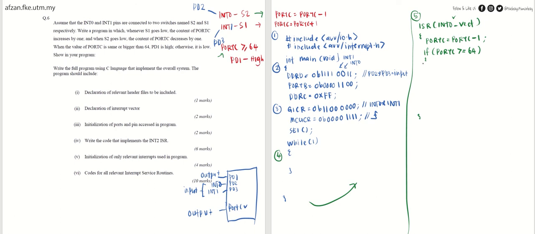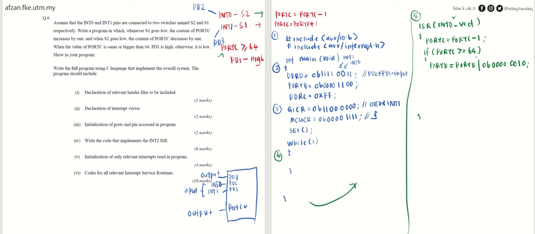So you just put PORTD = PORTD OR 0B 0000010. Why do I write this kind of line here? Because I don't want the initial value of port D to change.